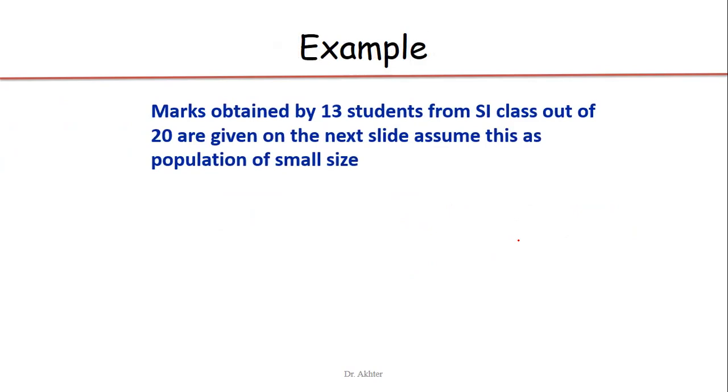In this example, we are going to select a random sample. This is a population of 13 students.